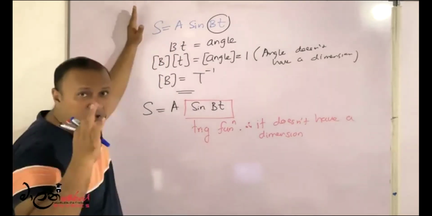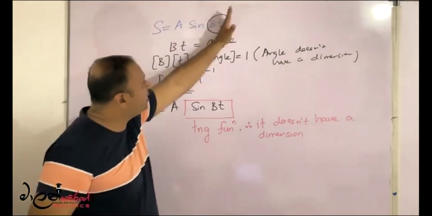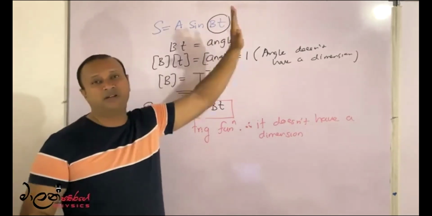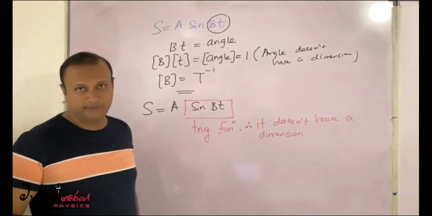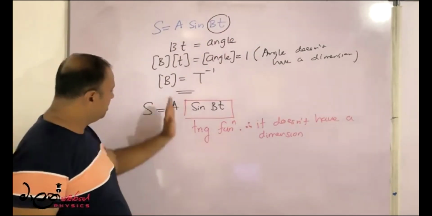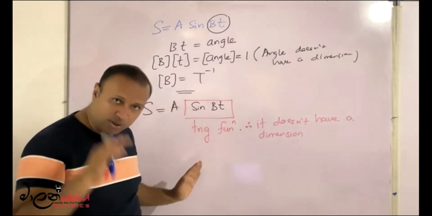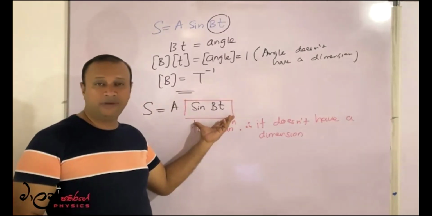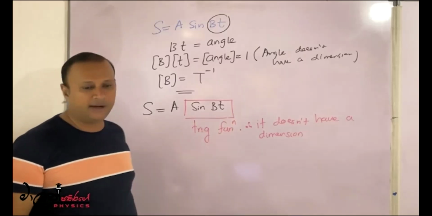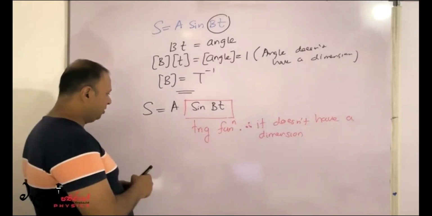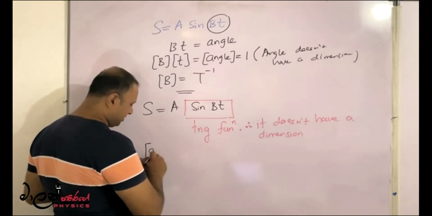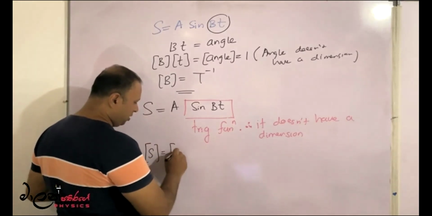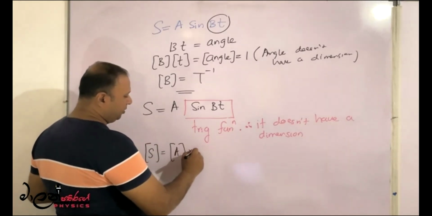The argument we use for A is that, on this side, the trig function doesn't have a dimension. This one doesn't have a dimension. So that means the dimension of this part can be considered as 1. Therefore, dimension of S is equal to dimension of A into 1.